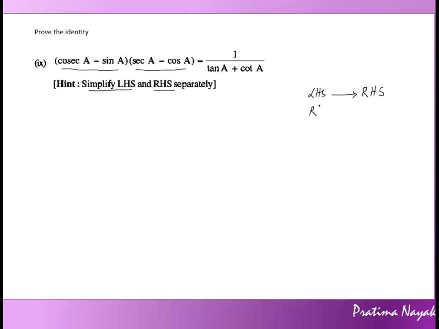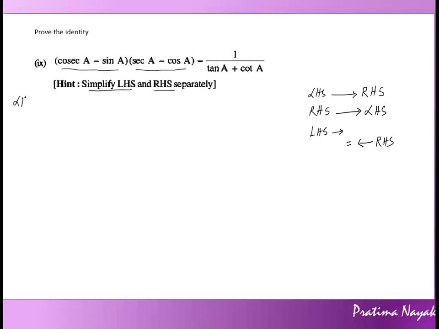We can start from RHS and reach LHS. That is also proof of identities. Or we can go from LHS and slightly come from RHS and make them equal. This is also one way of proof. So here it is given, you simplify RHS, LHS separately.